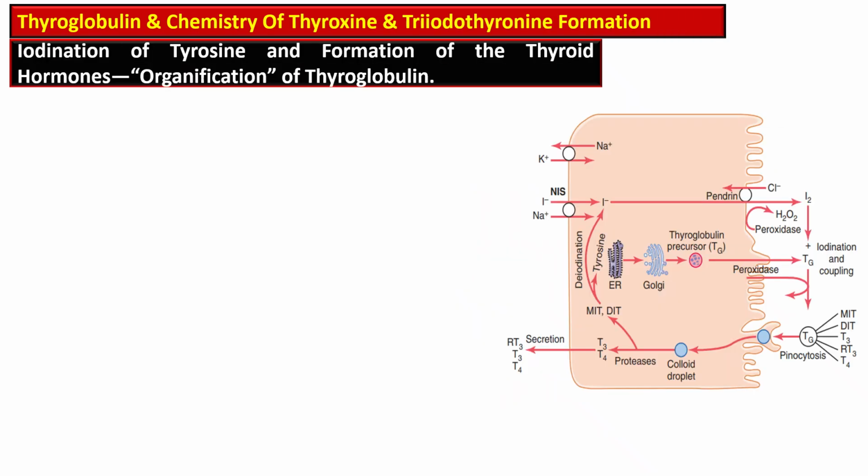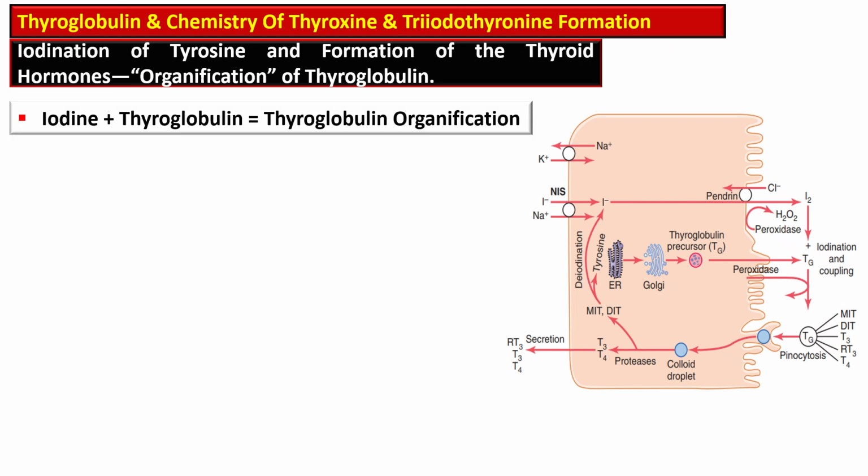Then there is the step of organification of thyroglobulin, that is, iodination of the tyrosine. Organification is a crucial step where oxidized iodine binds to tyrosine residues on thyroglobulin, forming the building blocks of thyroid hormone.